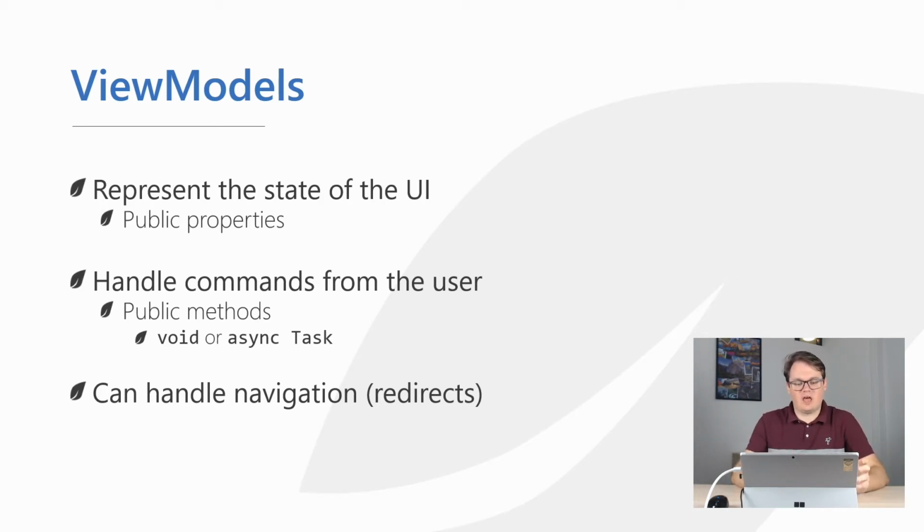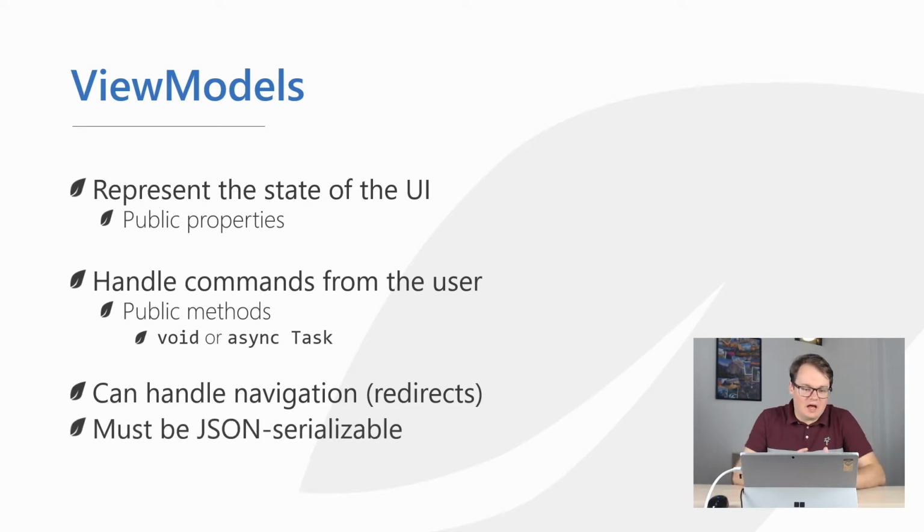These controls can basically bypass the view model. You can go from one view directly to another view. But if you, for example, want to save the data and then send the user somewhere, you can use redirect, and in this case the view model will handle the navigation throughout the application. So it's an optional feature, but it's there and you can use it.